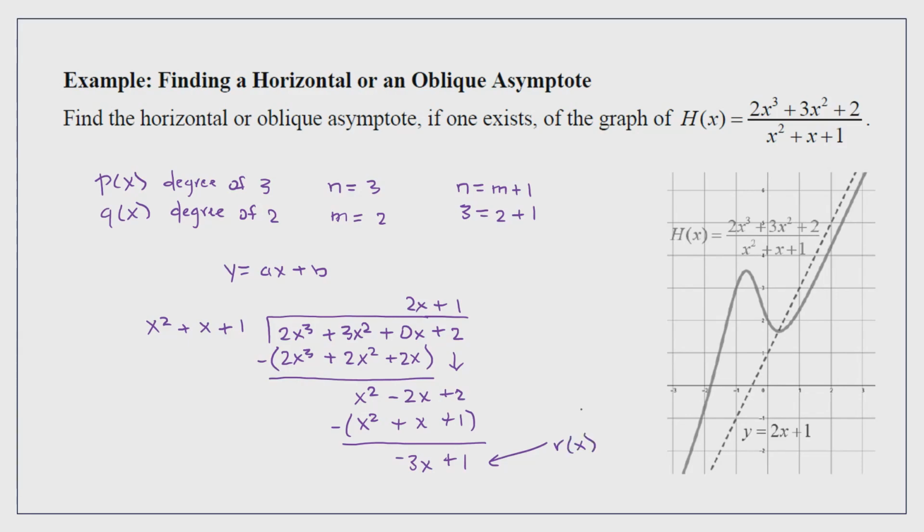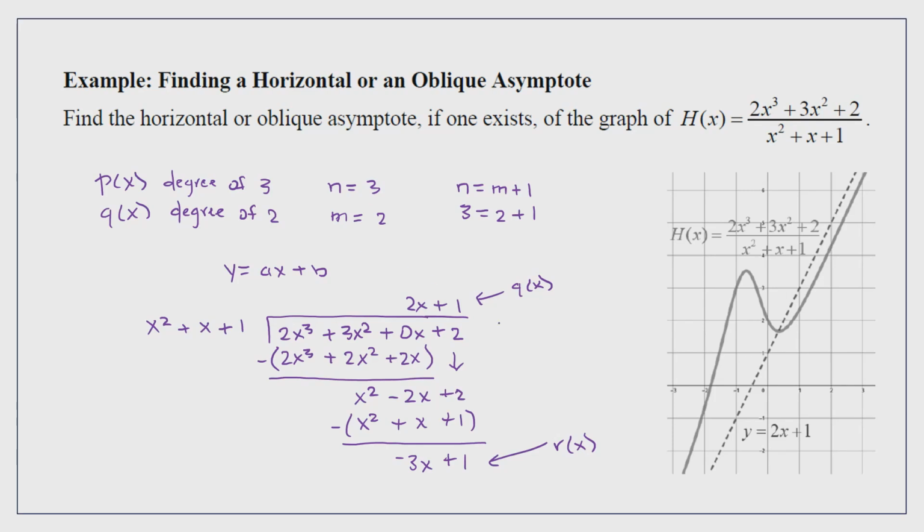My oblique asymptote is going to be the quotient of my polynomial division, which is q of x. The q of x here and the q of x that's a part of our rational function represent two different things. Just wanted to note that because there are two different q of x's on our screen.